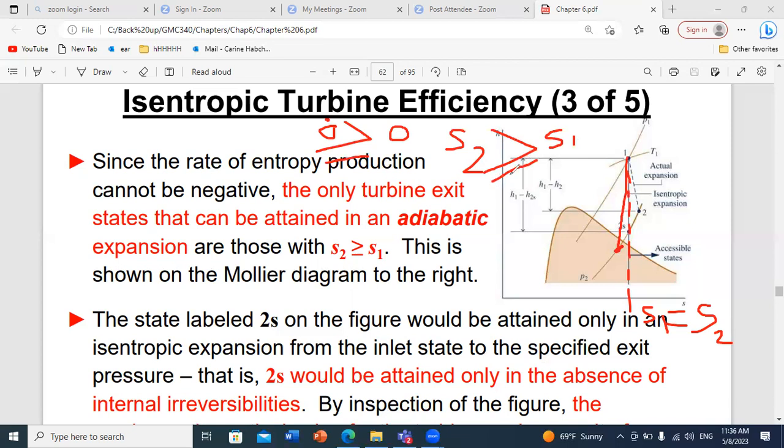So it's impossible to have s2 smaller than s1. This is why, if you look at my graph, it's impossible to have s2 here. Because if s2 is from this side, then it will be smaller than s1, which is impossible. So always, yes?